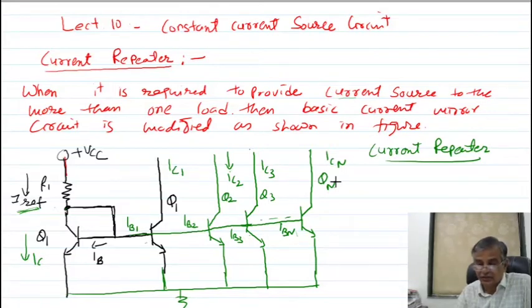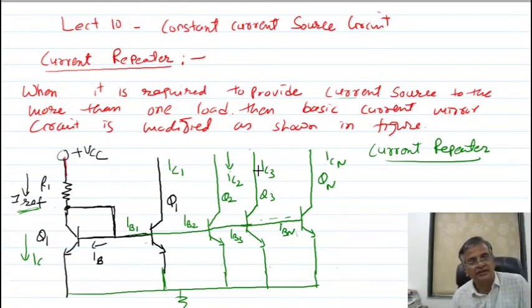There is another way also. If you introduce a resistor in the emitter of each transistor, then different values of the current can be obtained.